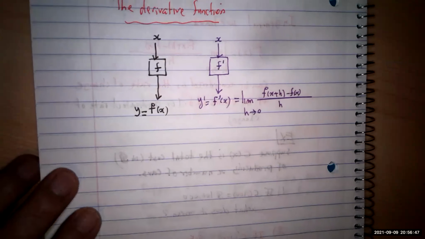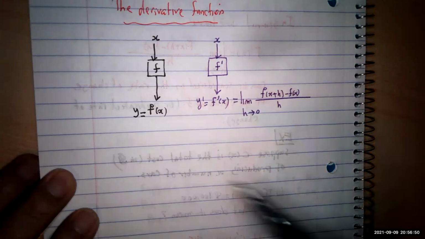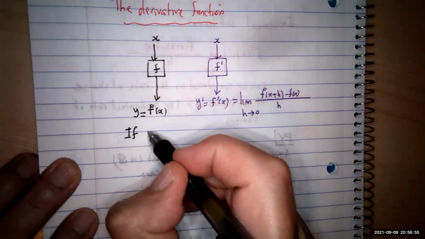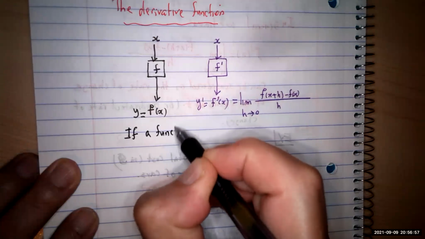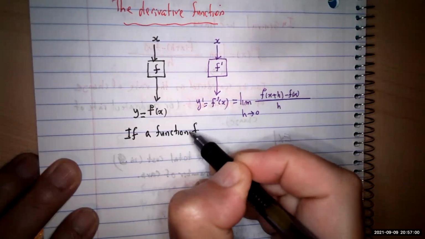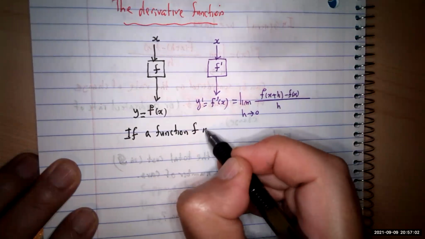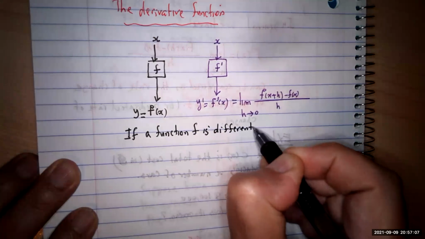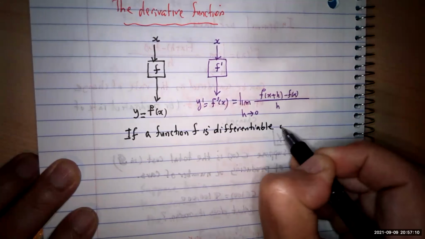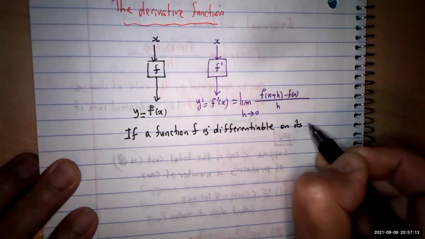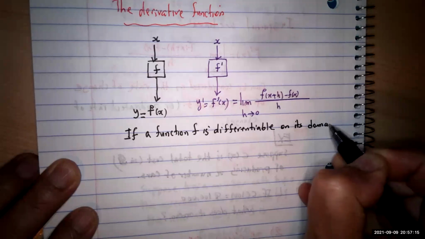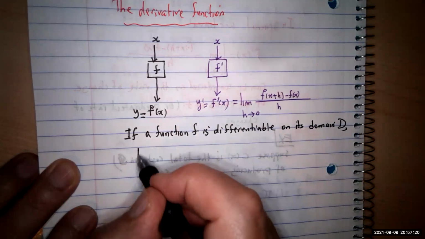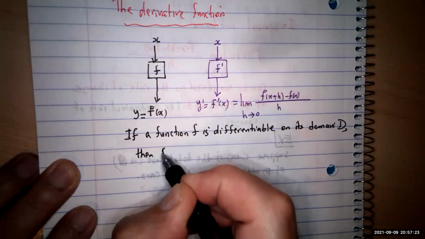The definition is going to be, of course, you should be able to find the derivative. If a function f is differentiable, you can find all these limits. It's going to be differentiable on its domain D. Then we have a machine, f prime, a new one.